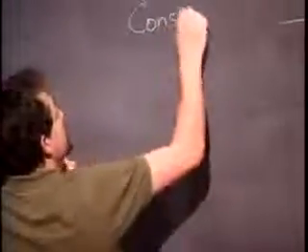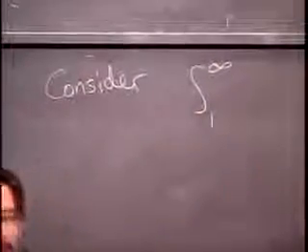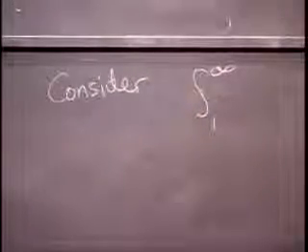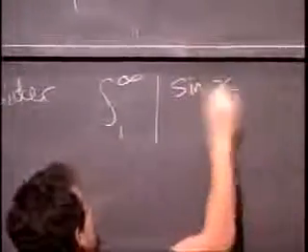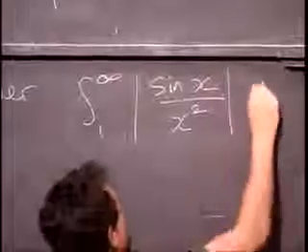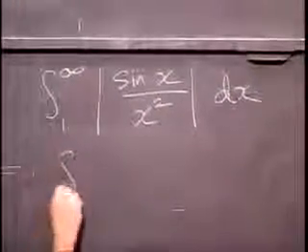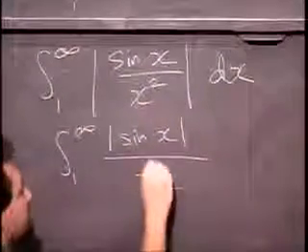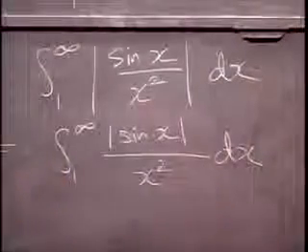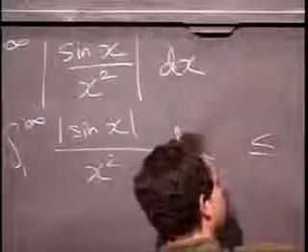In order to deal with this, I would say consider, and I notice that there are positives and negatives. All right. I take the absolute value, sine x over x squared. Now in this case, the denominator is always positive, and I've reduced it to the integral we had before, which, to remind you, we dealt with using the comparison test very straightforwardly.